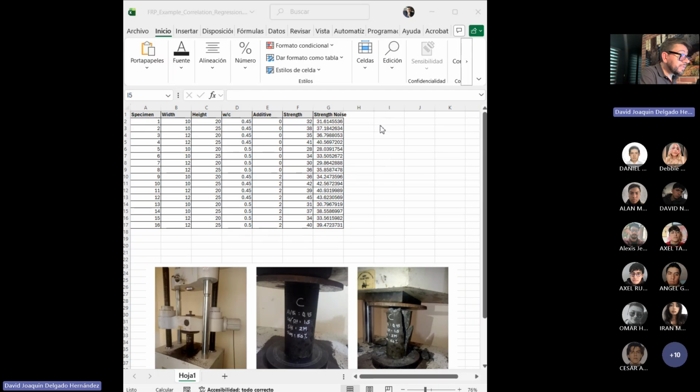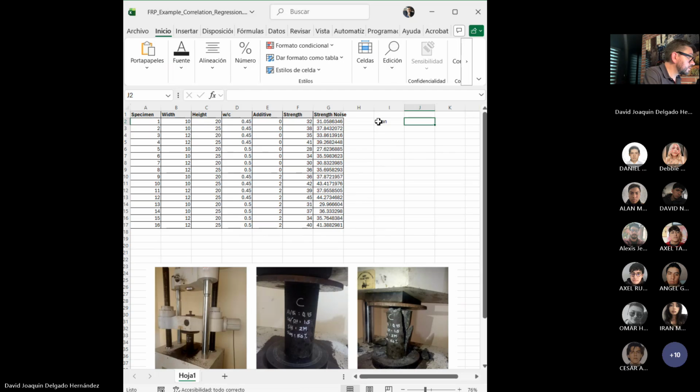So I am going to write here the mean value, mean, which is the average. So the formula is, again, in my case, in Spanish. My Excel is in Spanish.